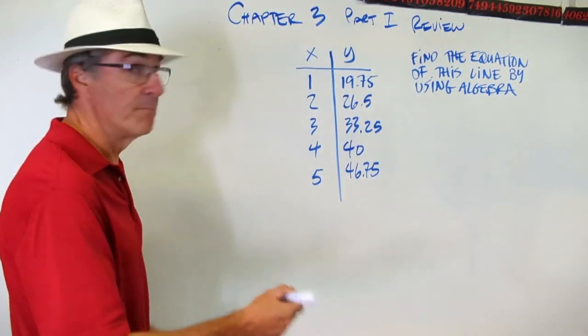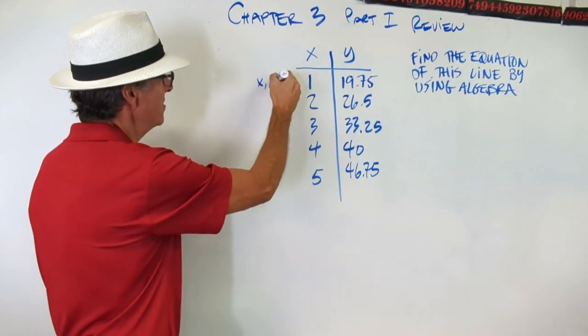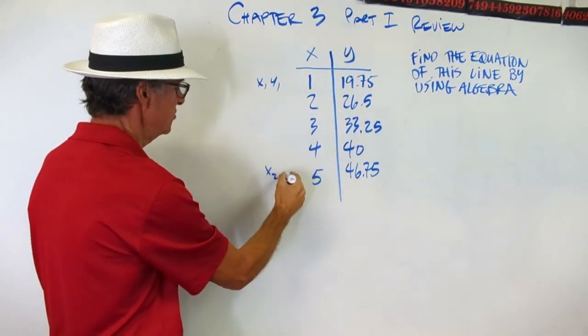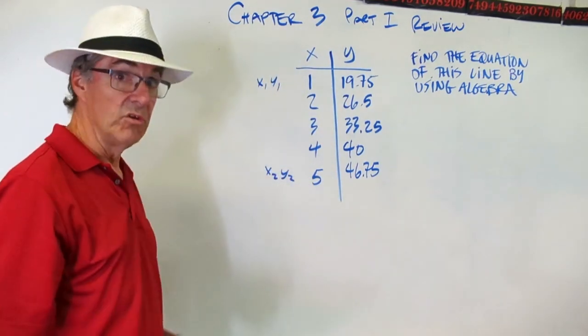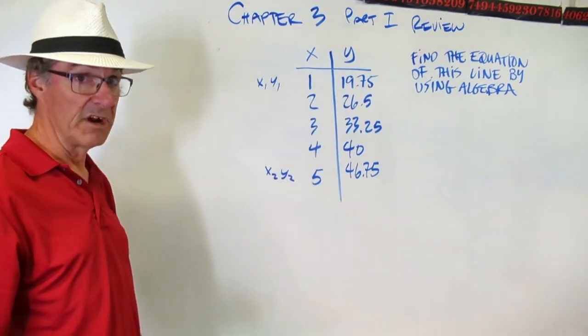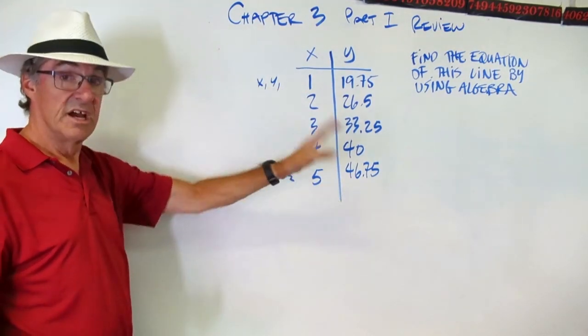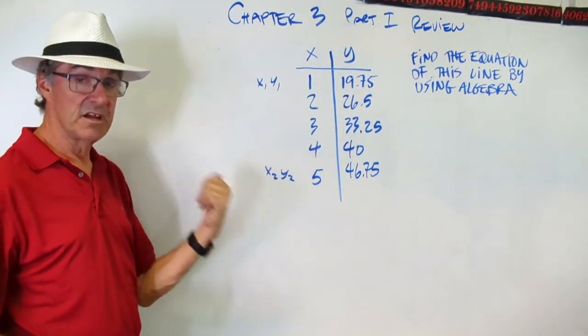I tend to go for the biggest spread, so I'm going to pick it between x1, y1, and x2, y2. But truth be told, you could do any 2 points in this table and you get the same gradient. So go ahead, you could pick a different 2 points, calculate the gradient for this table, and then come back.